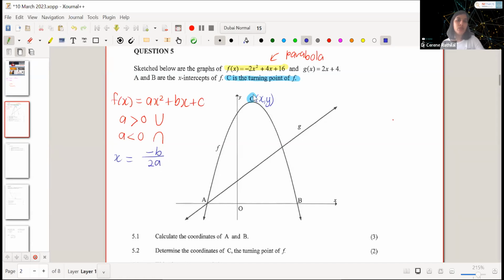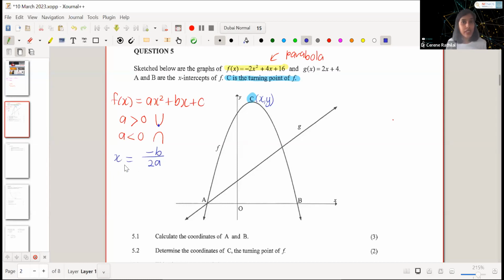This coordinate of the turning point either refers to the maximum value of the parabola, like it is in our case, or if the graph opened upwards, with a happy face, then it would refer to the minimum value of this function.